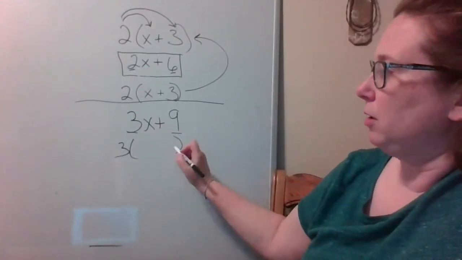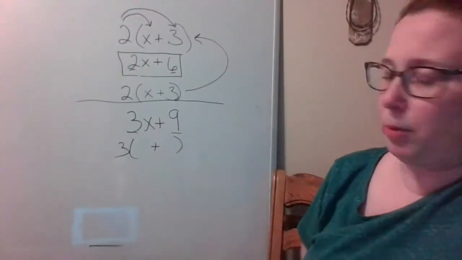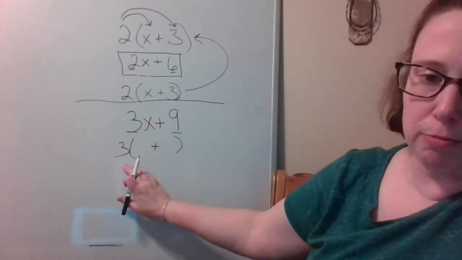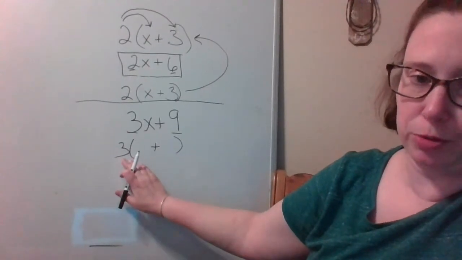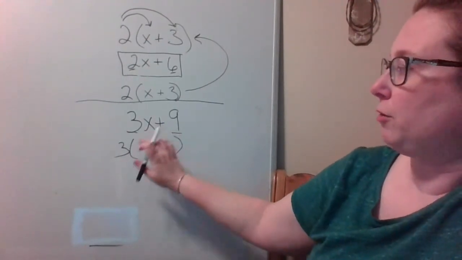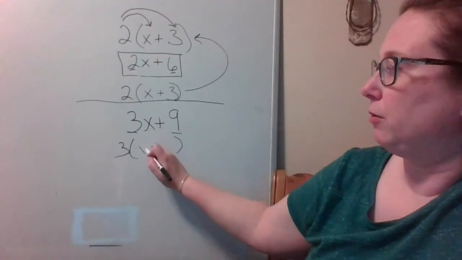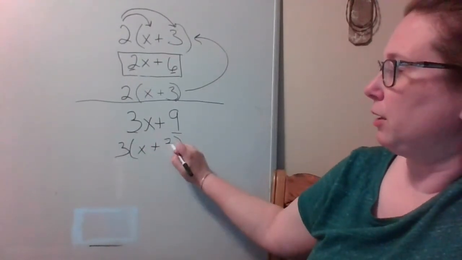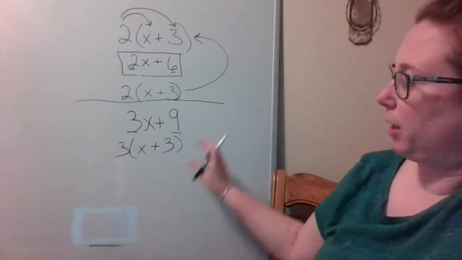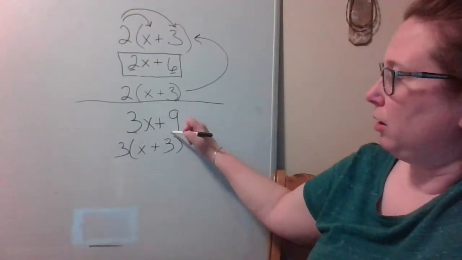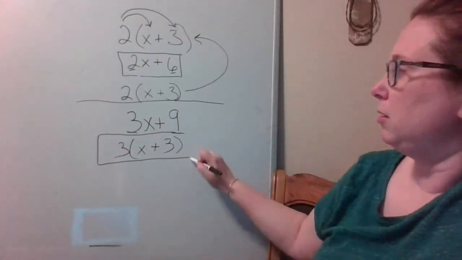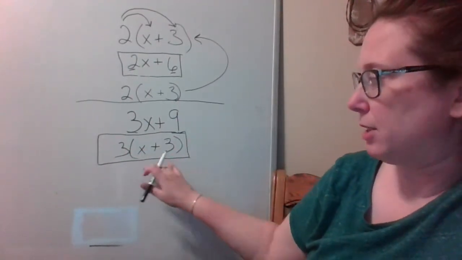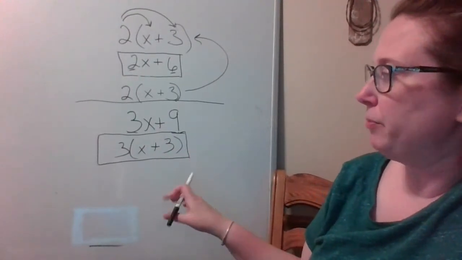Once you've figured that out, you can go ahead and bring that operation down. Now you need to divide each of these terms by your greatest common factor, which was 3. So we're taking 3x divided by 3, which just leaves x, and 9 divided by 3 is 3. So we have our factorized expression here, 3 times x plus 3.